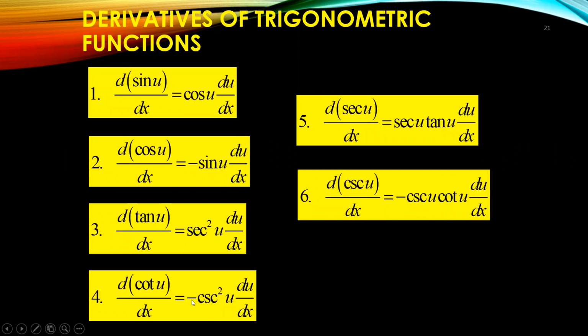Cotangent u is negative cosecant squared u. Secant is secant u tangent u. For cosecant, it's negative cosecant cotangent. What I would like you to focus on is that if you are getting the derivative of those functions starting with letter C, you will notice that the final answers are negative. So let's start.